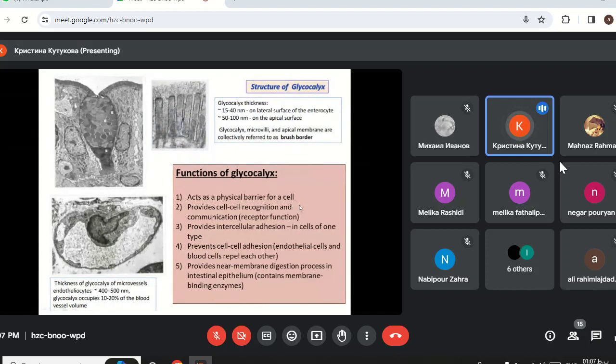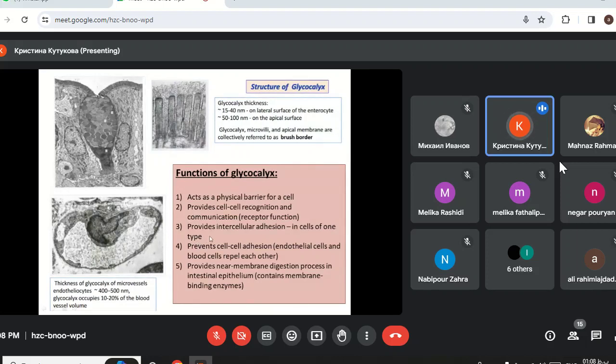Next, it provides cell recognition and communication. When two cells come close together, they are attached to each other with the glycocalyx, and they can decide if they want to make the junctions, contacts, or not. So they can recognize themselves with the specific carbohydrate molecules in their glycocalyx.